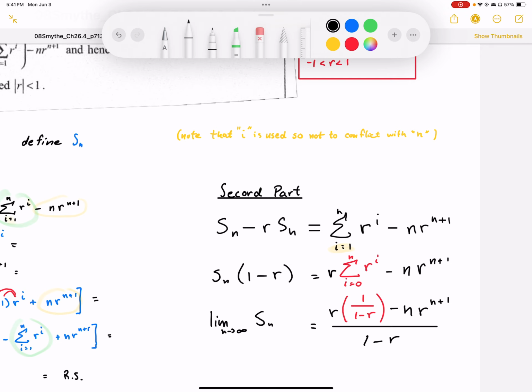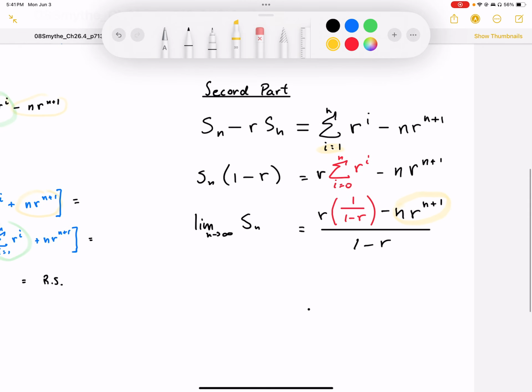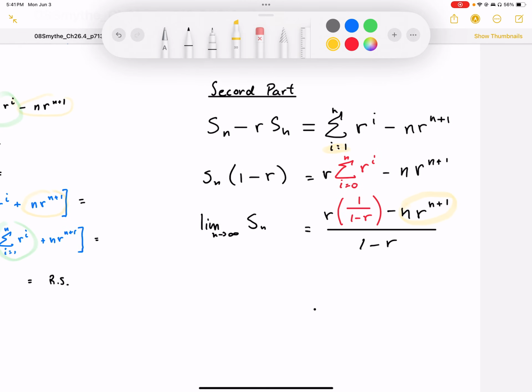If we take a limit of n R to the power n plus 1, since R is less than 0, or sorry, R is less than 1, that's going to become 0 as we let n go to infinity. If the base is less than 1, some number less than 1 to the power infinity is going to equal 0. So that's going to be 0 when I apply my limit. Then my equation is going to look like this.